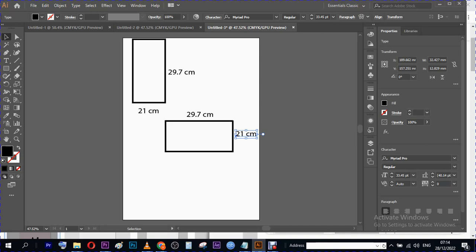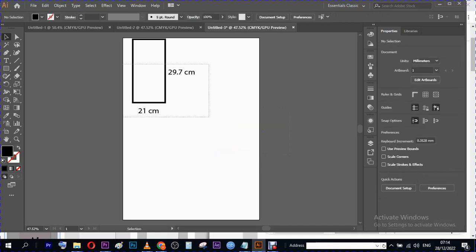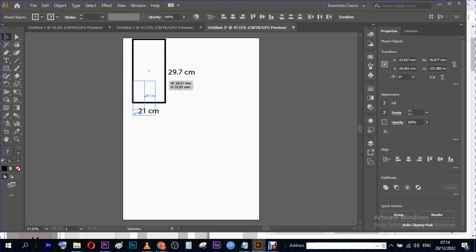If we start with understanding and making sure that the size of an A4 sticks into our heads, it means that we can understand all the other paper sizes. Let me delete this. Now we are going to start to try to understand the different paper sizes. So I'm going to reduce this.